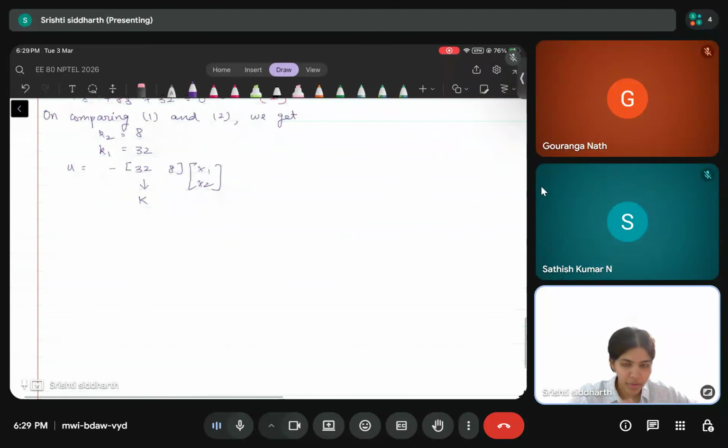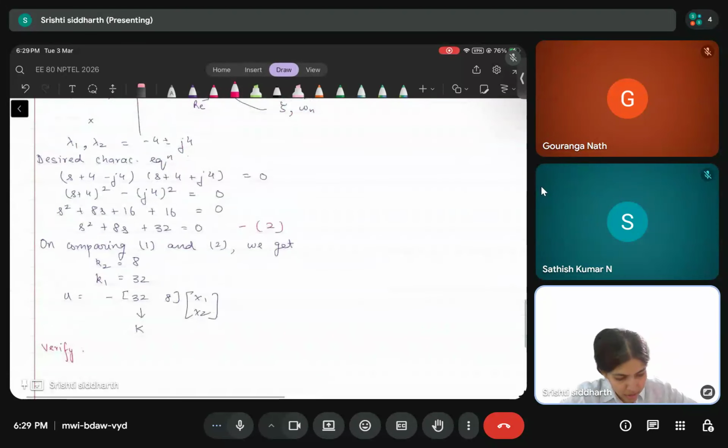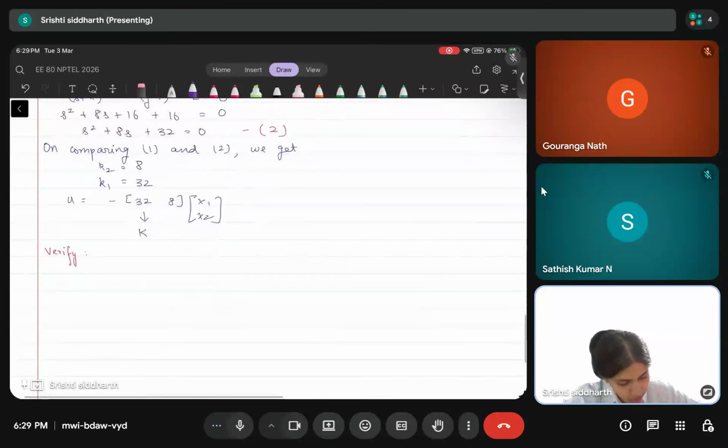So you can also verify. So how to verify that you have indeed got the K, which places the eigenvalues at these locations? You have A minus BK, right? So K is there, you have A minus BK to compute the eigenvalues.